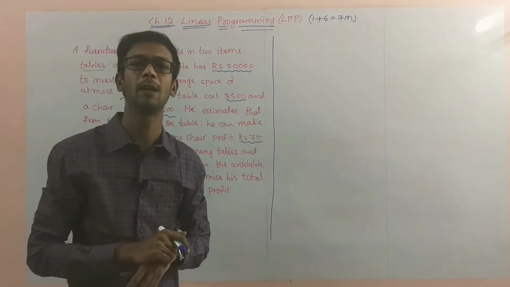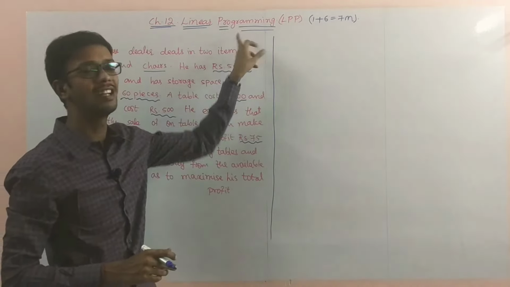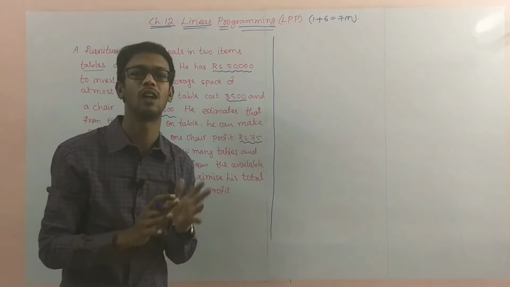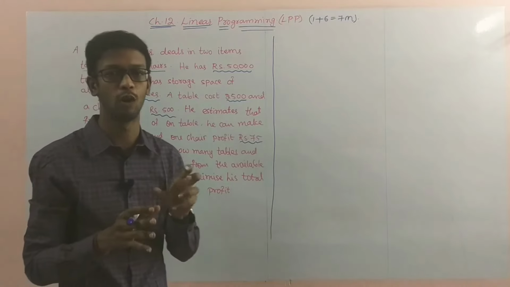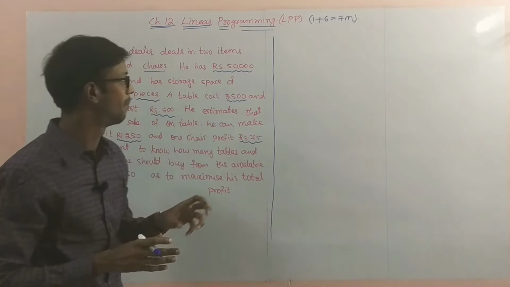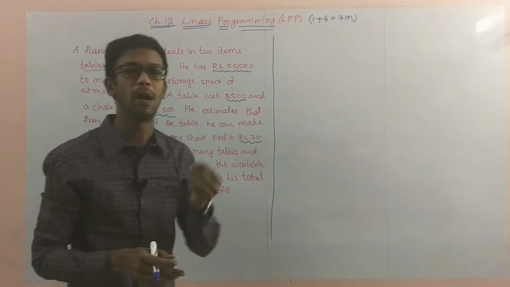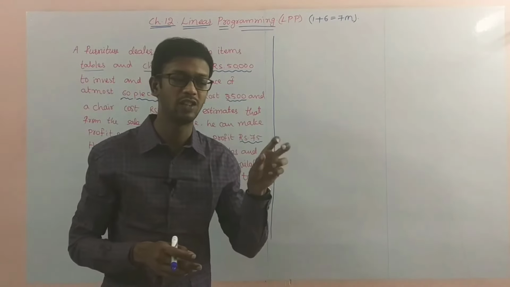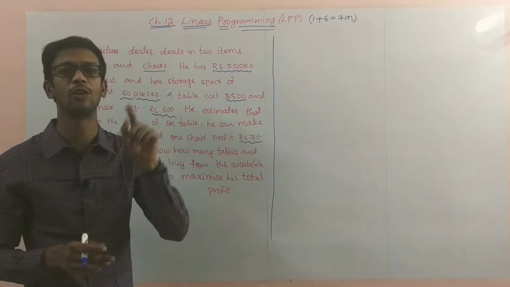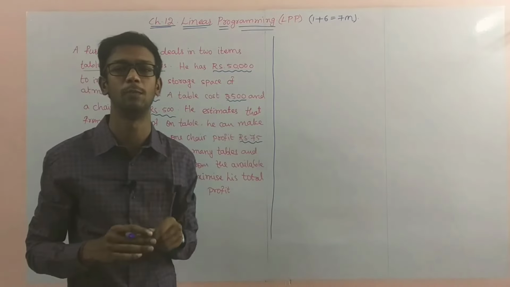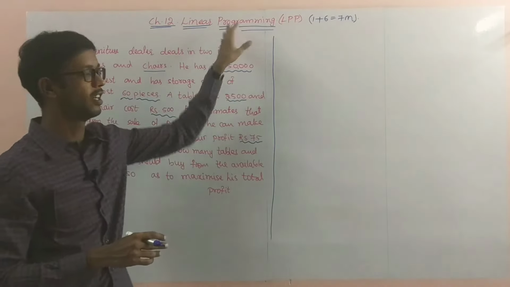Linear programming problem. Here programming is nothing but planning, how to solve the problem. Linear means the power of the equations involved in the problem should be 1. So that is linear programming.